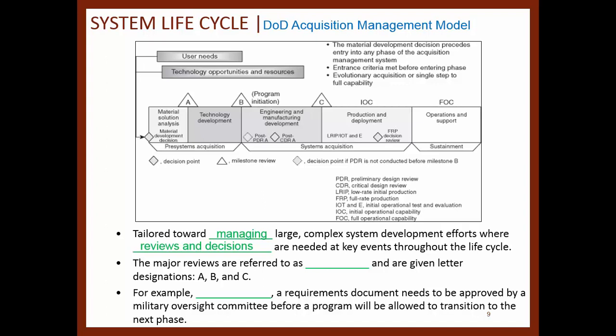And for those boxes that are connected to each other, there are some figures that are used. They have some meaning. For example, this triangle basically means that for the system to continue its development in this life cycle, you have to perform a review.